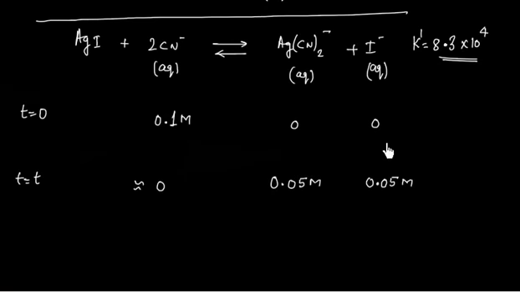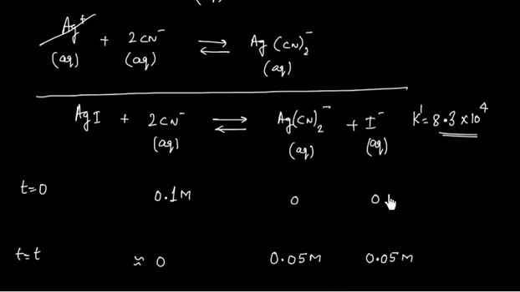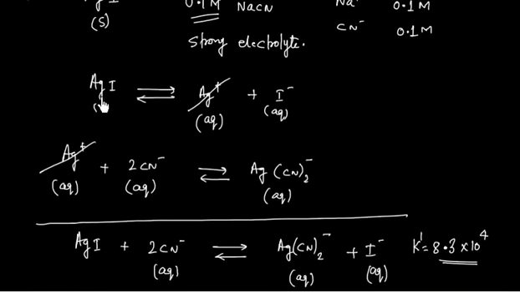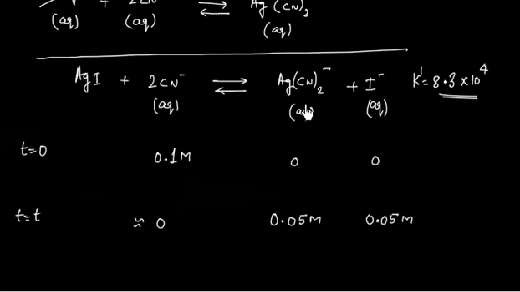Now see, the concentration of I- is the same as the solubility. Whatever AgI dissolves will give Ag+ and I-. Because I- is not utilized anywhere, the concentration of I- is the same as the solubility.